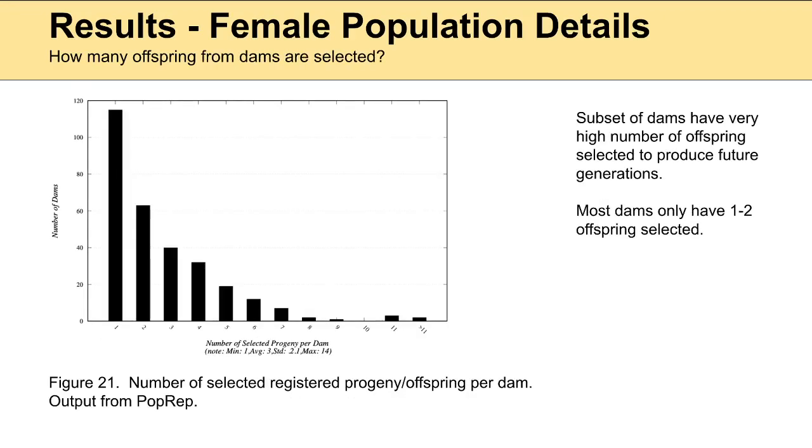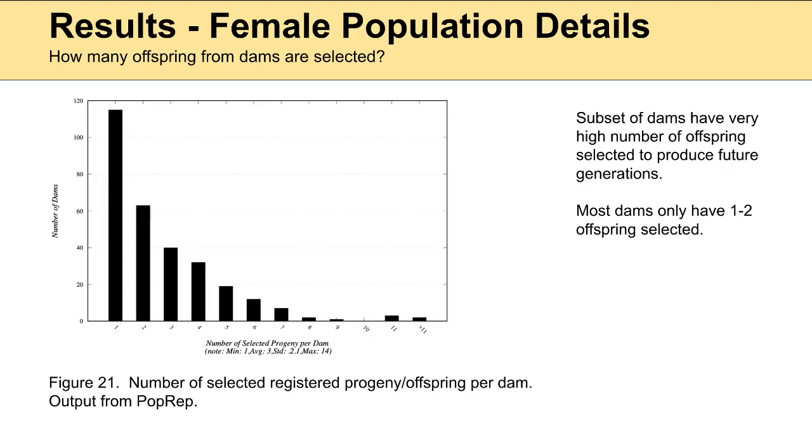And so here we're now looking at, of those puppies that are produced, so those 7 puppies over a dam's lifetime, how many are going to be selected? And the selection numbers are pretty close to sires, but it's skewed because we have the very popular dams where many of their offspring are being selected, but for a very large number of dams, only 1 or 2 offspring are being selected.